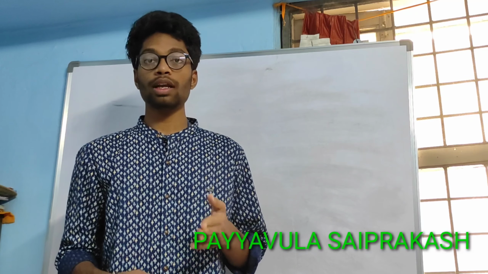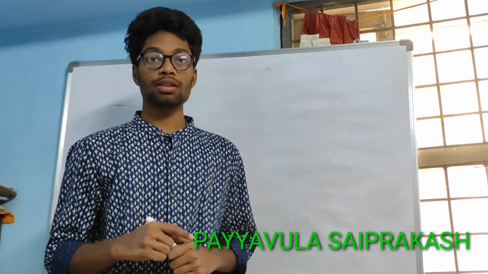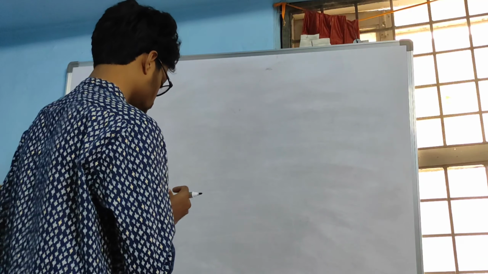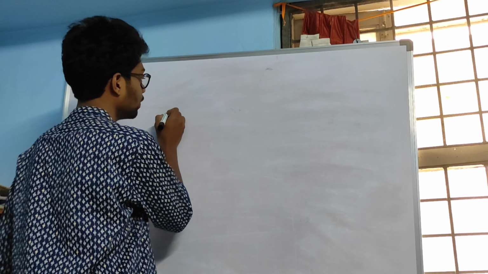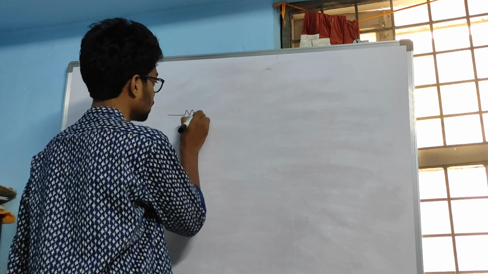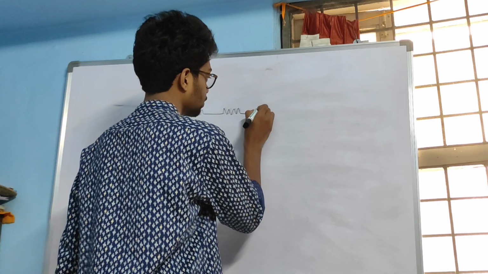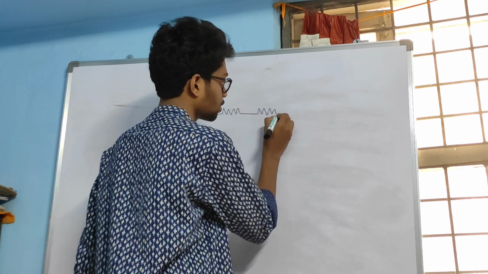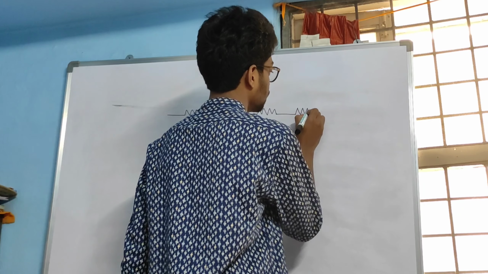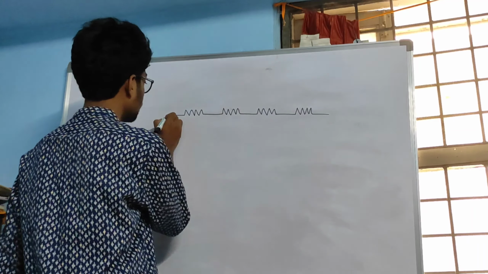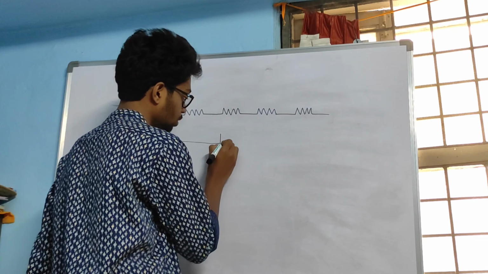In this video, I would like to do a problem which I have given you in the group. So, coming to the problem, here we have 4 resistances connected in the series and connected to a battery of 12 volts.